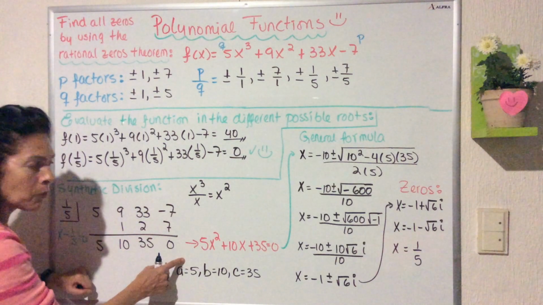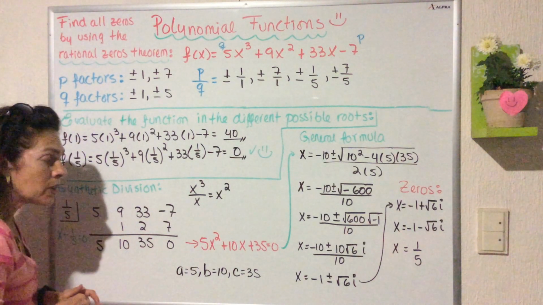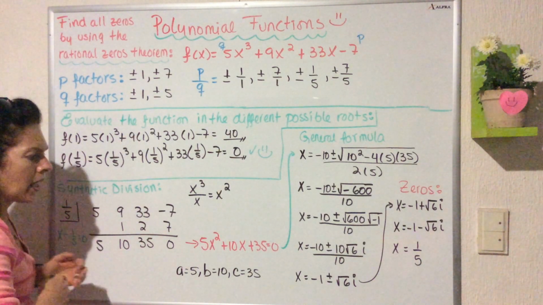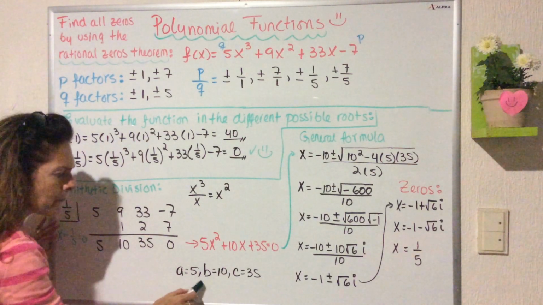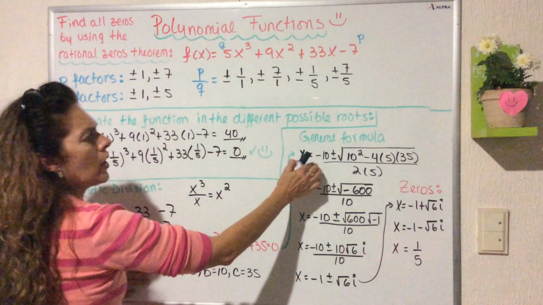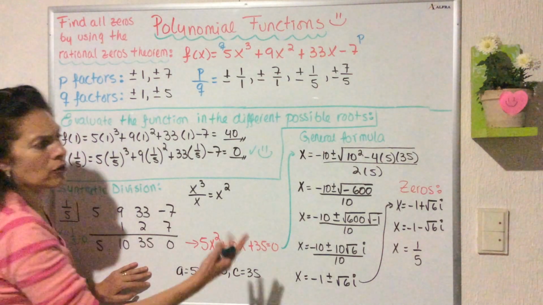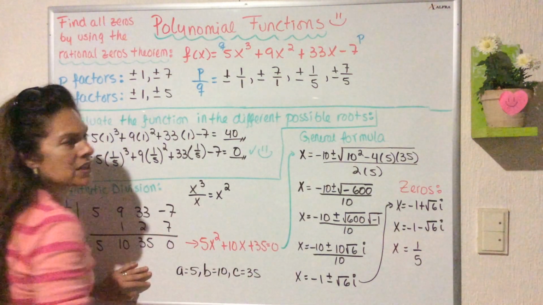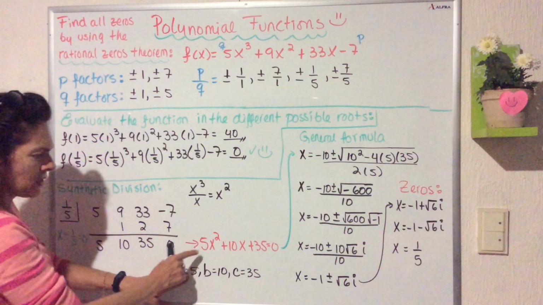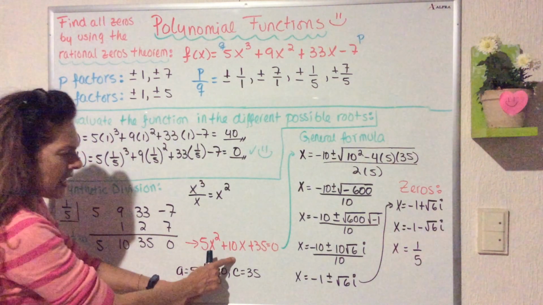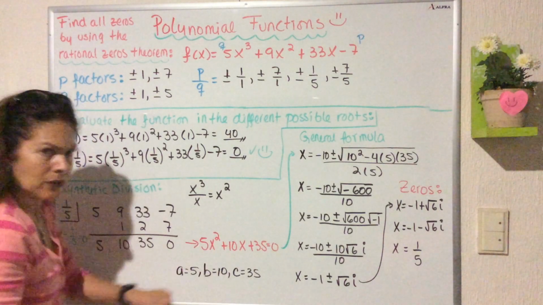And look, here we have the quadratic function. Once we have the quadratic function, we are going to get the a, b, and c in order to get the other two roots using the general formula. So a equals 5, b equals 10, and c equals 35.